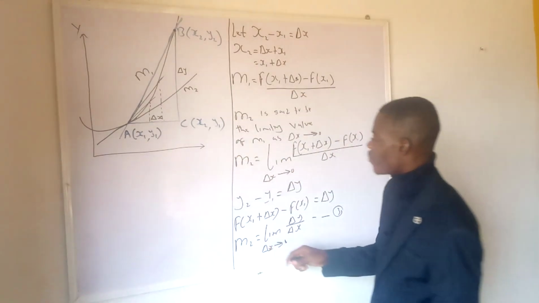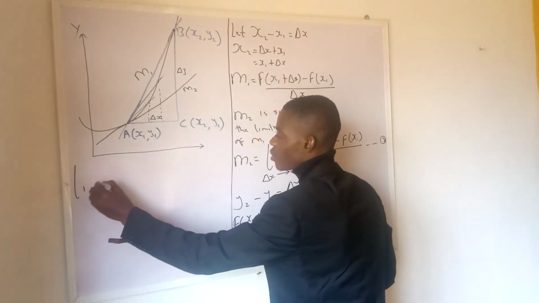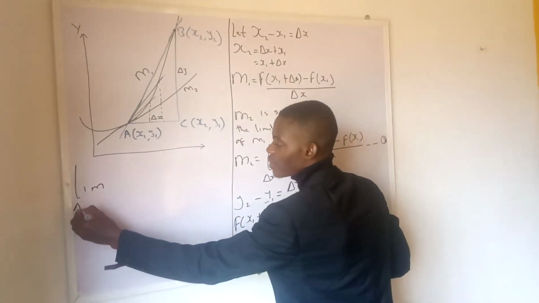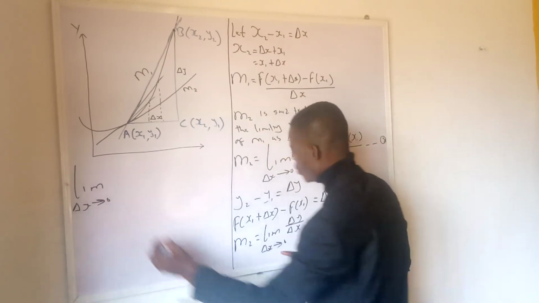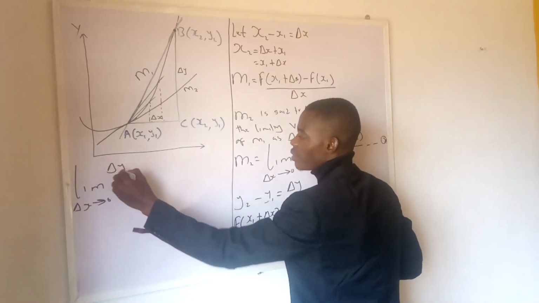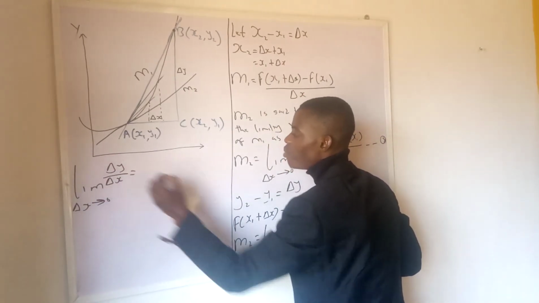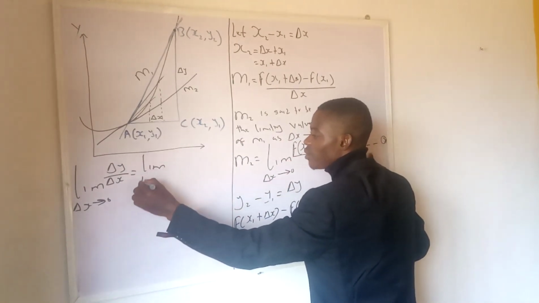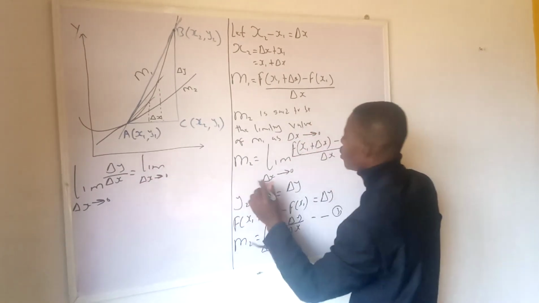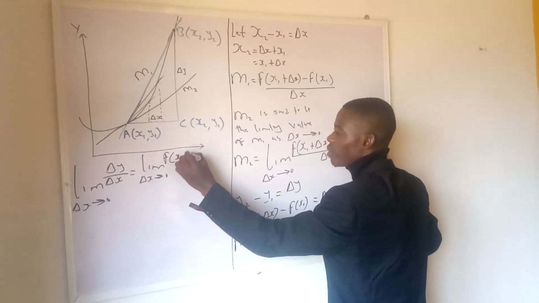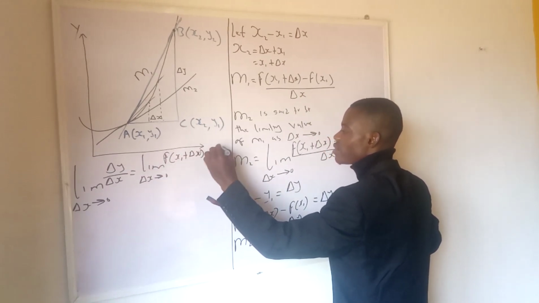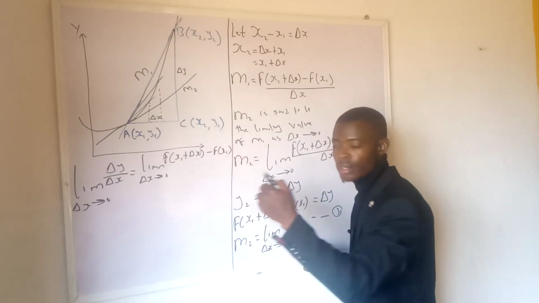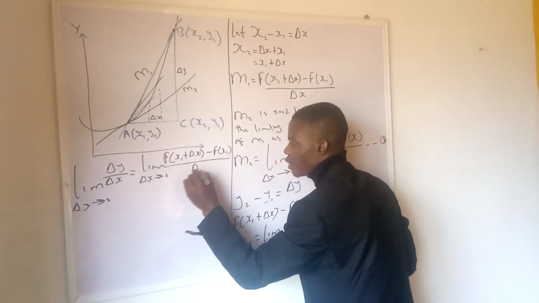So now, therefore, the limit as delta x approaches 0 of delta y divided by delta x will now be equal to this, the limit as delta x approaches 0 of f of x1 plus delta x minus f of x1, okay, divided by delta x.